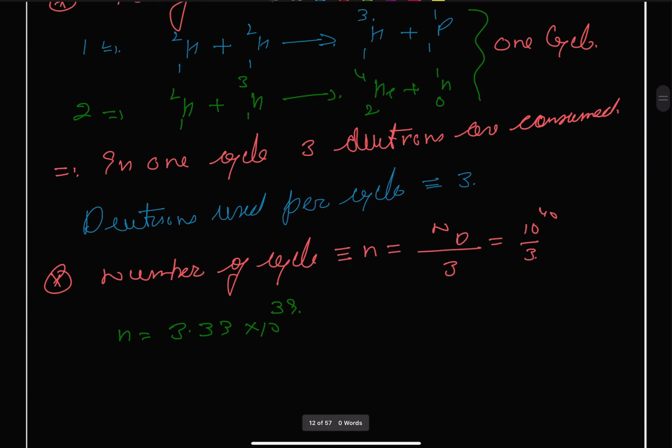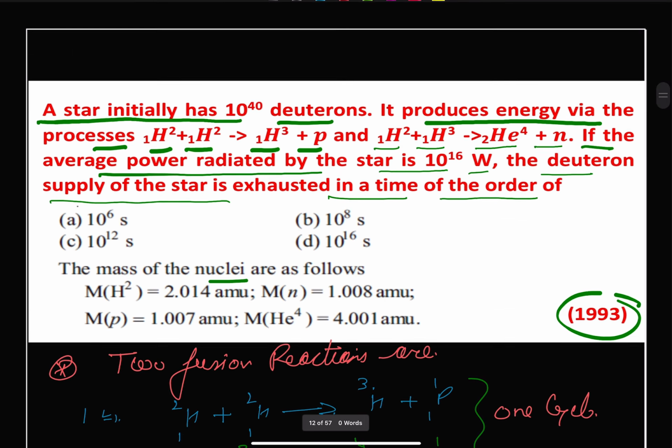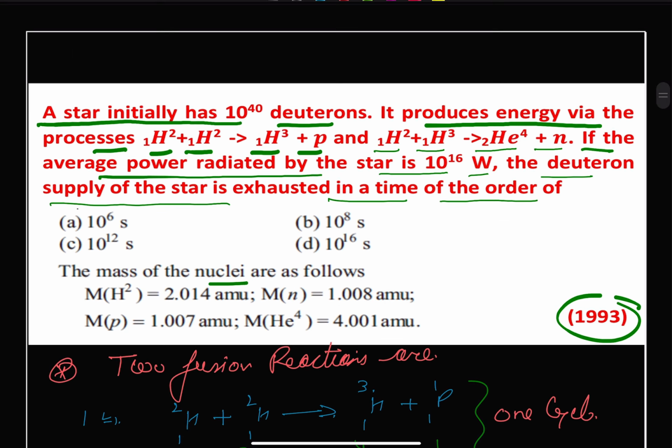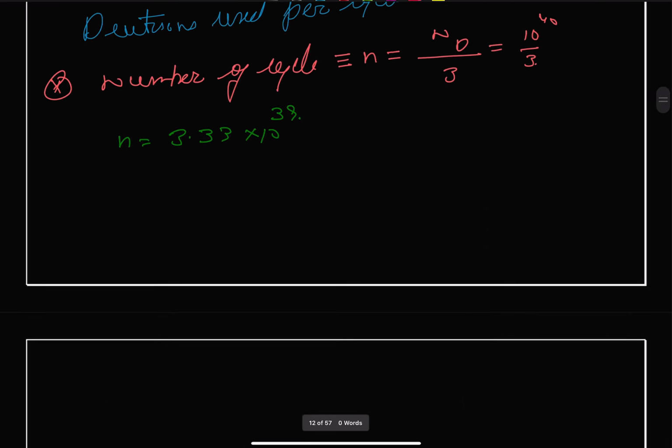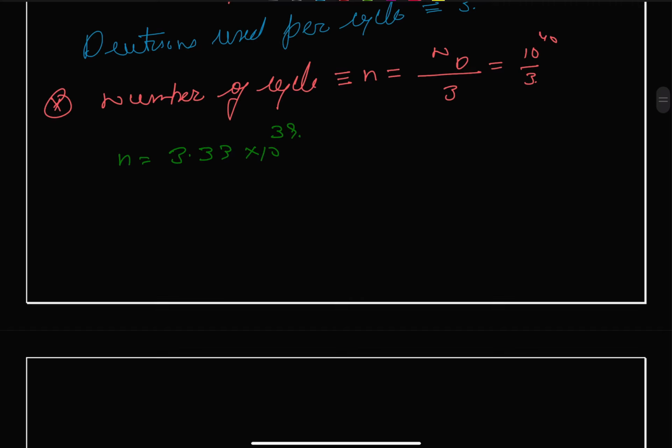Now we are supposed to find out the time period, and we are given the average power. So based on this we are going to use the mass defect in order to find out what will be the energy, and then we are going to use the relationship between energy and power to get the time.